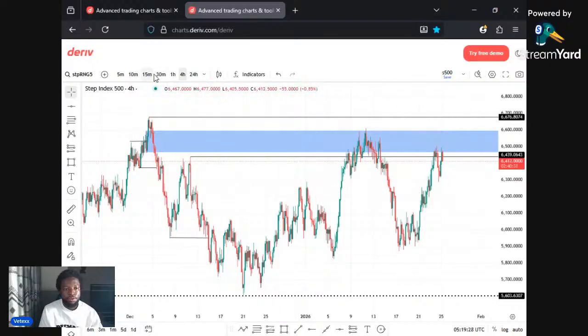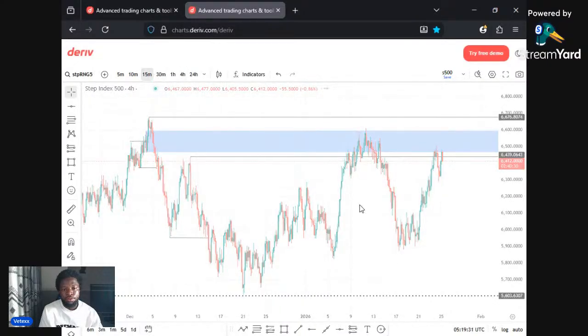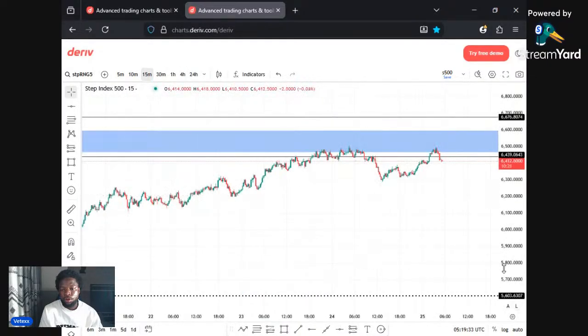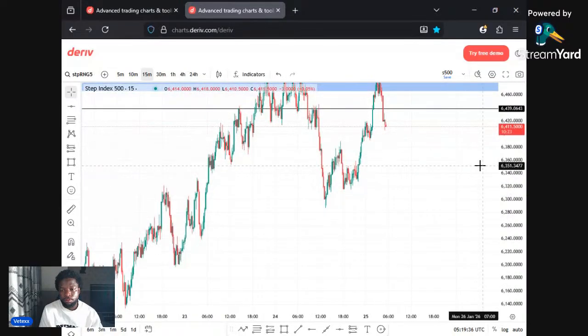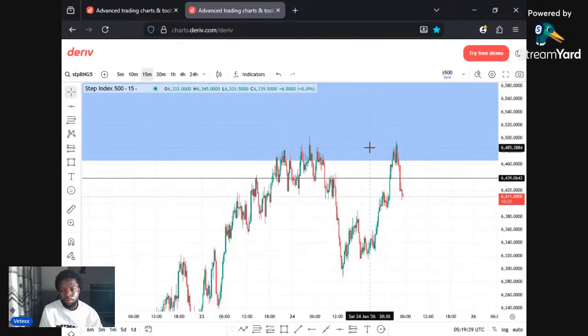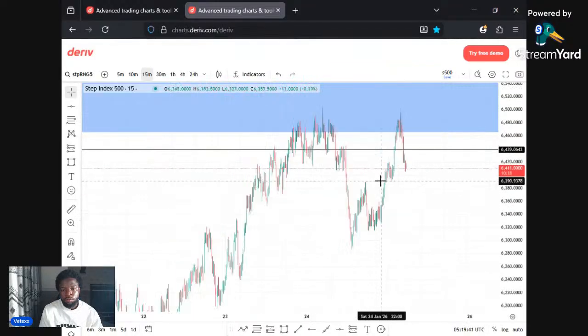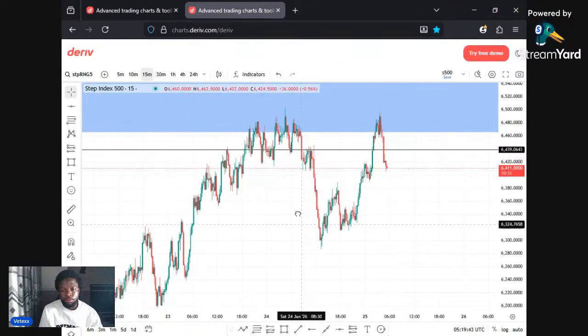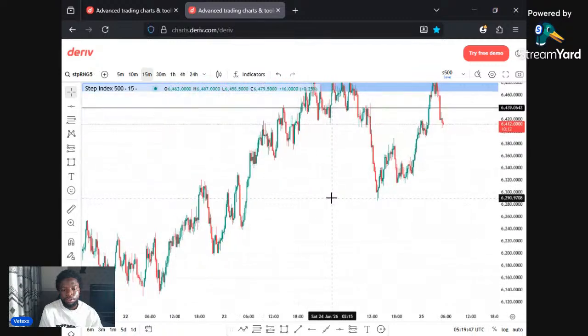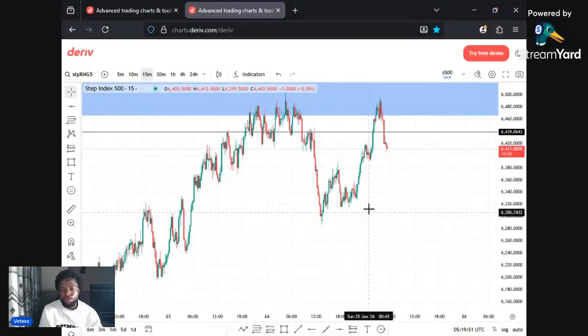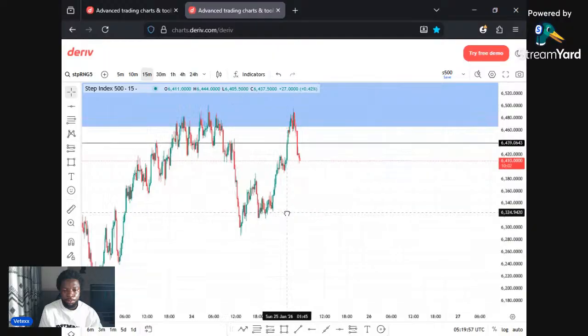Now let's go to the 15 minutes time frame and check if we have a continuation on the 15 minutes time frame. As you can see, currently we don't have any continuation on the 15 minutes time frame. So what are we going to do? We are going to be sitting on our hands until price gives us a continuation. Then we can jump on it.